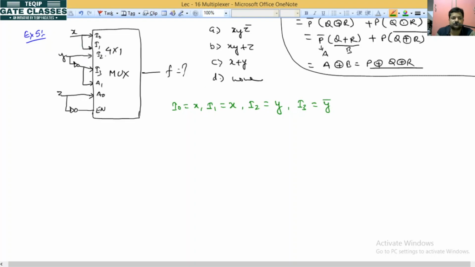See here we have everything. A1 is y bar, A0 is z, and En is given as z bar.